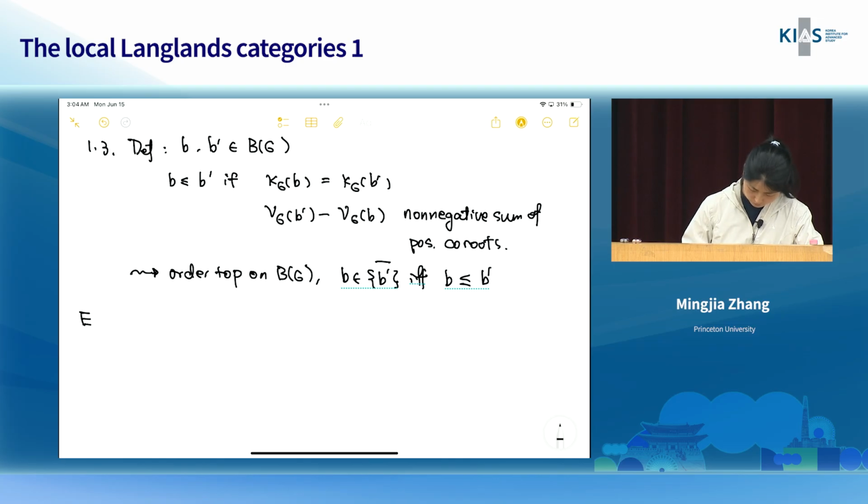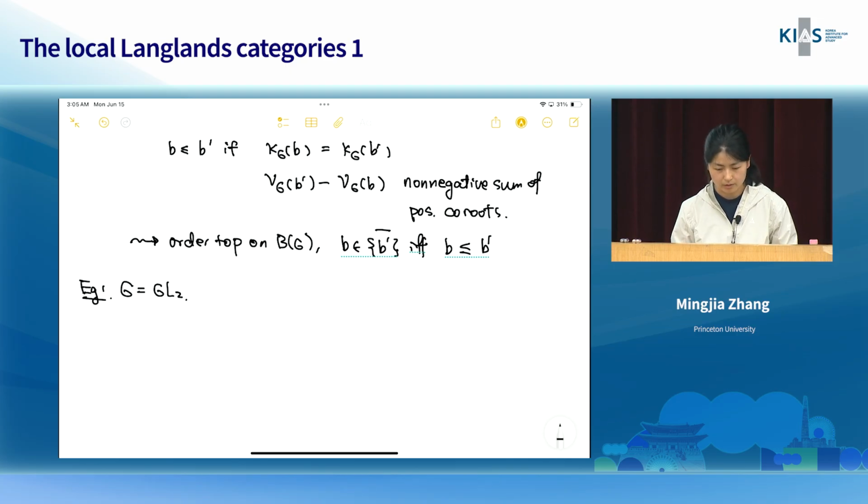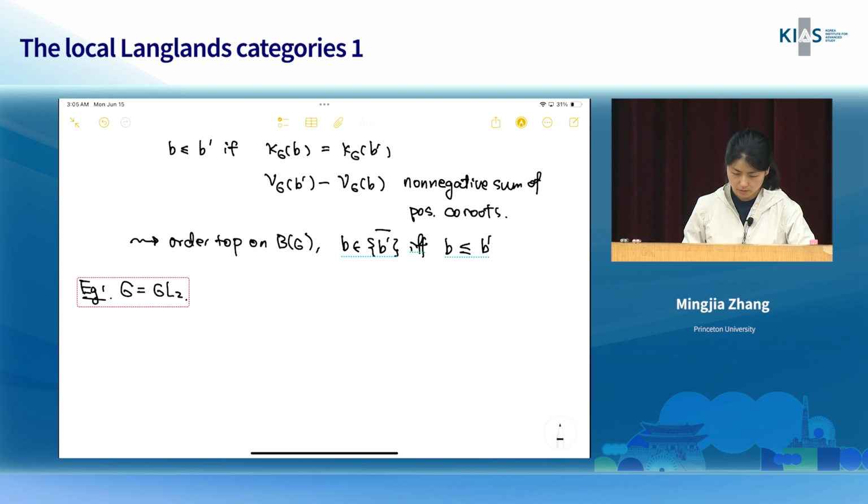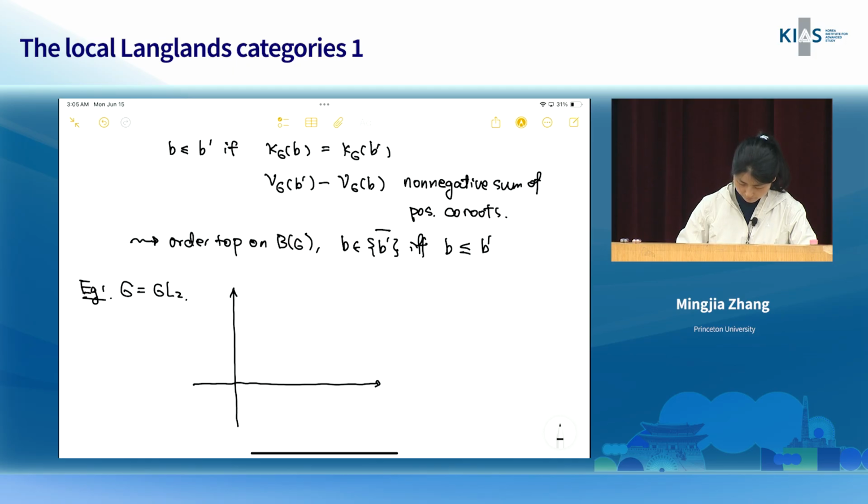In the last several minutes, I will give you two examples and draw some pictures, which are actually familiar ones. In the first case, when G equals GL2, we know that the Newton map is injective, so I will just draw the co-character plane of G, spanned by some basis vectors.